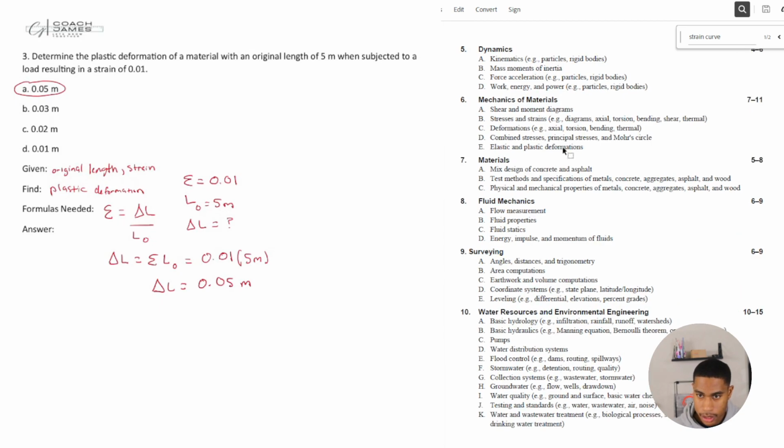Now we're going to be looking at materials such as concrete mix design, asphalt, test methods, all of that good stuff. So you have made it literally to the halfway point. Congrats to you, 7 of 14. So you are almost halfway there.